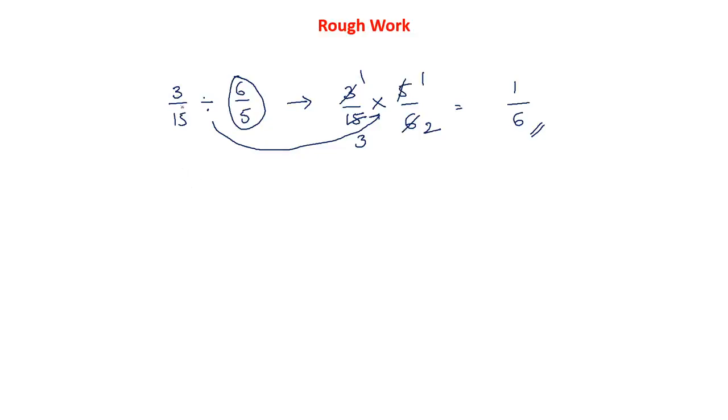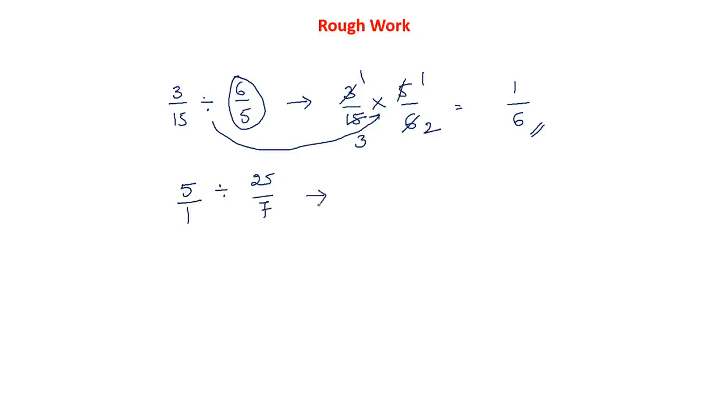For example, here it is the division of a fraction by a fraction. If the problem is like this, 5 divided by 25 by 7. Now what you have to do here: first convert the 5 into the form of a fraction by putting 1 in the denominator. Now this again became the division of two fractions.